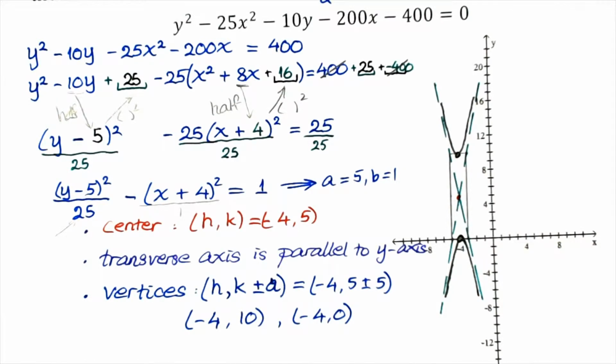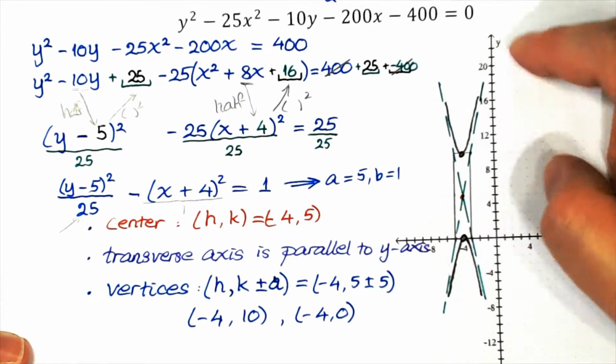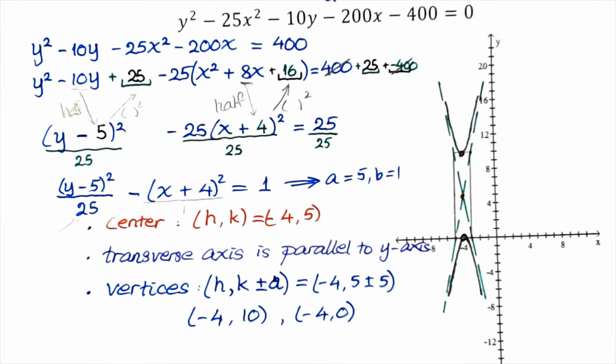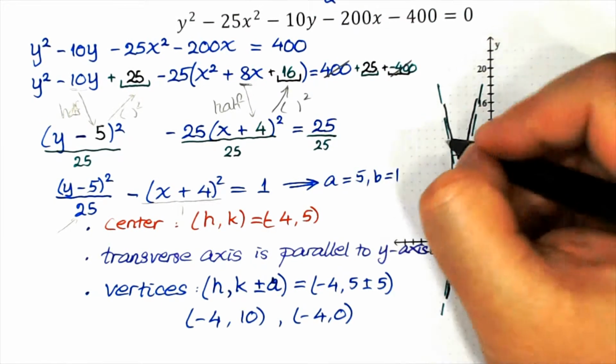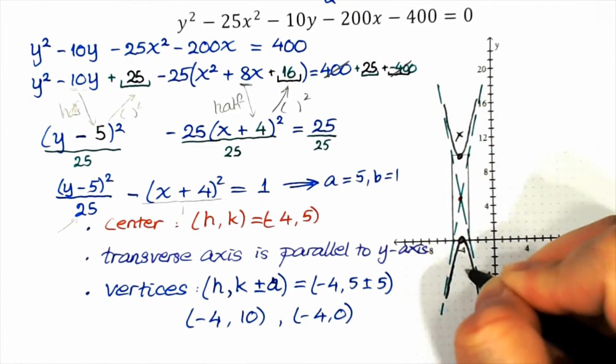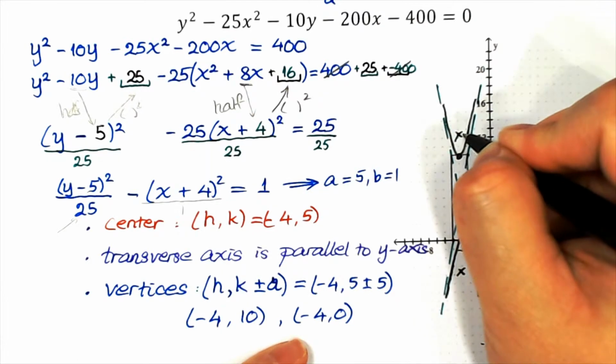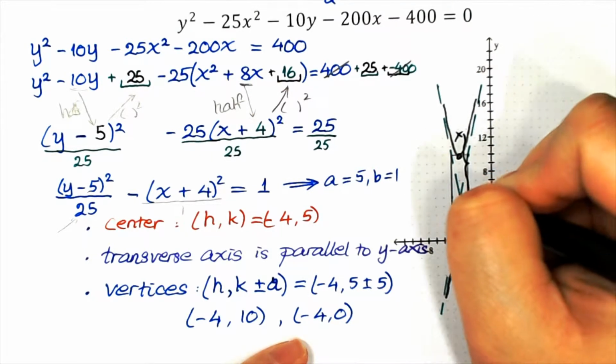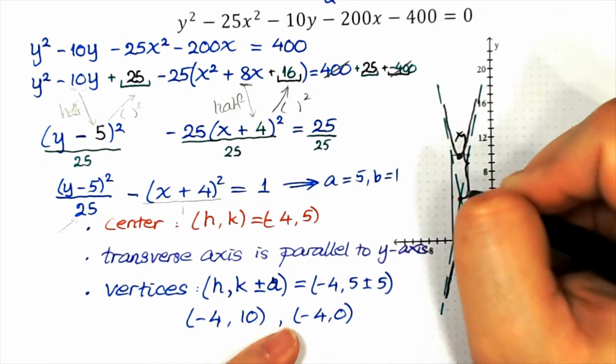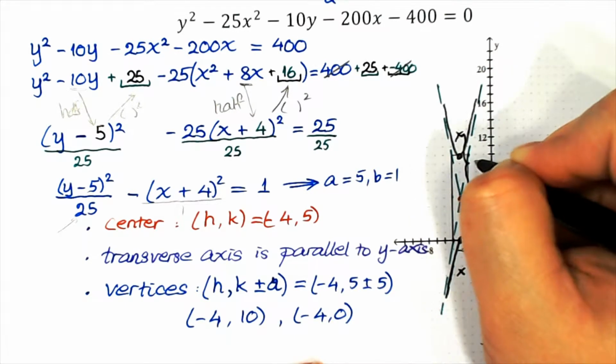Right. The foci. Since the graph opens like this, the foci is where the graph goes around it, so the foci is somewhere in here and somewhere in there. Might not be exact, but you get the idea. So from that point, the distance from a focus to the center is going to be c.